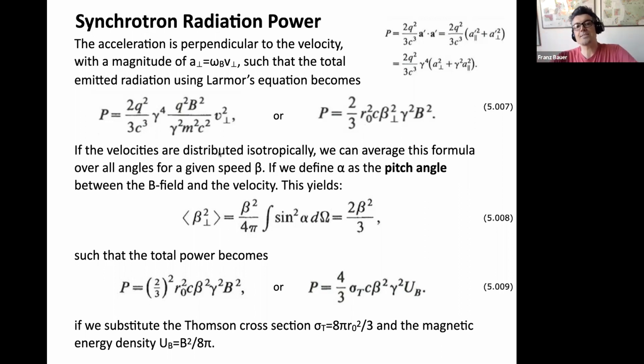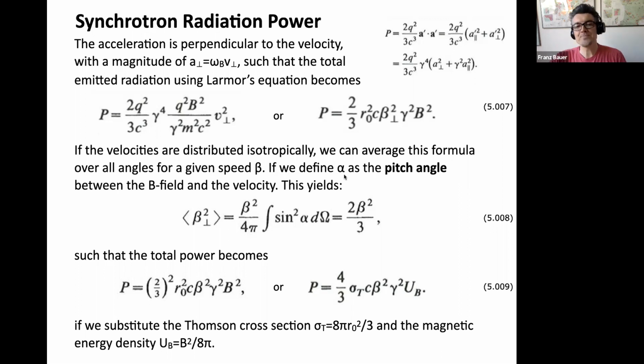If the velocities are distributed isotropically, so if we have a bunch of different velocities, we can define the perpendicular and parallel components with some angle, which we call the pitch angle, and we denote that by alpha. And so obviously there'll be different contributions from different electrons moving in different directions.